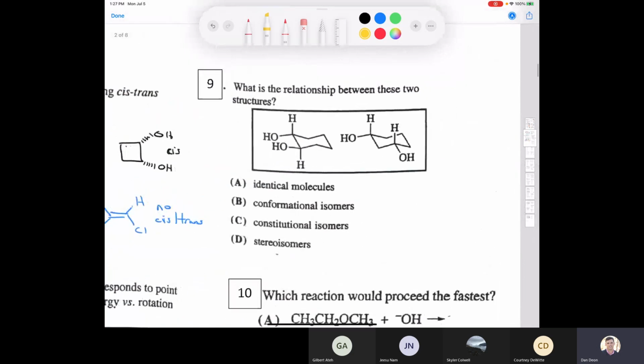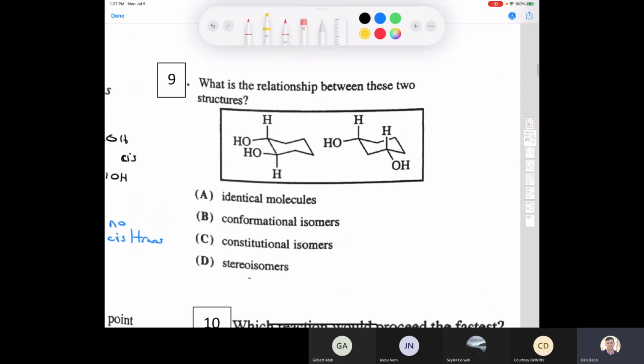And let's take a look at 9. I'm just going to throw this out there to my students. They're probably faster than me. Could anybody answer question 9? What's the relationship between these two structures?